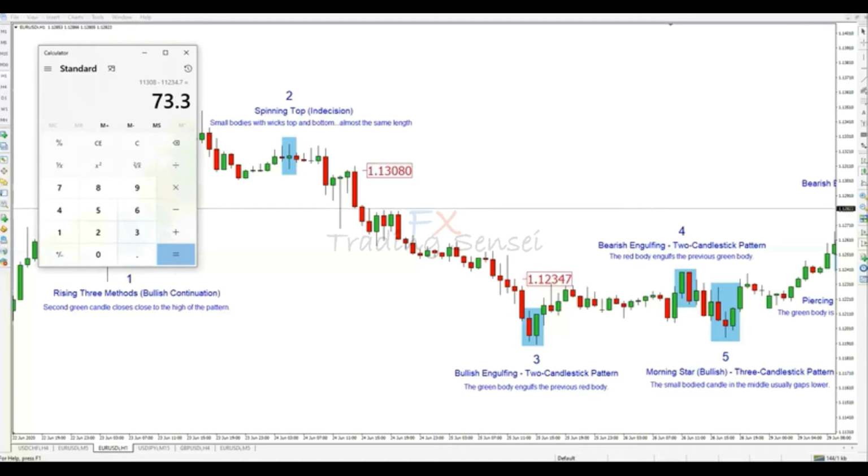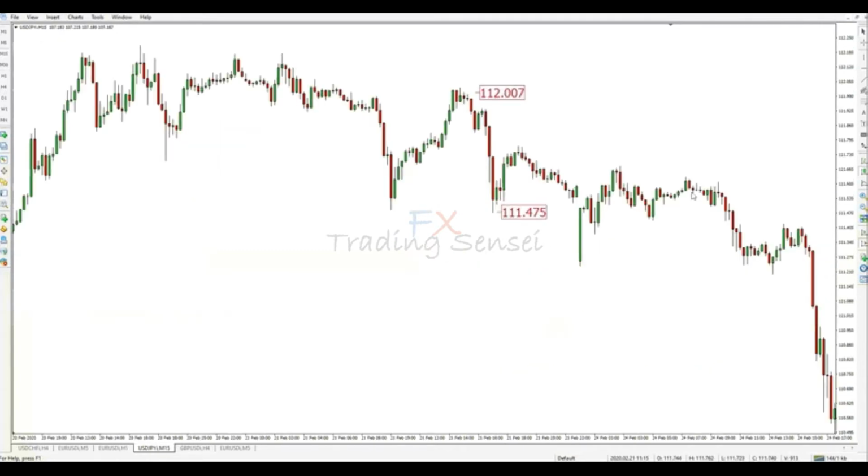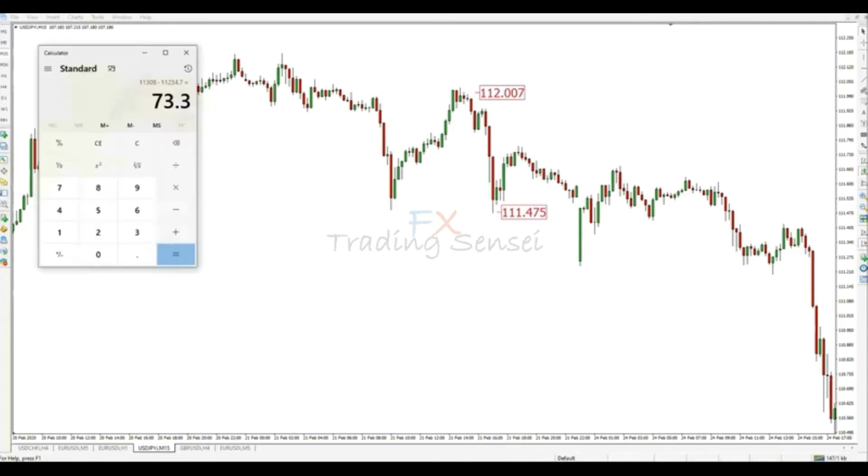Now, in the case of a yen pair, a pair that ends in the yen, for example, this is USD yen. In a yen pair, notice there are 3 decimal points and not 5. So when calculating with a yen pair, we have to do the same process. We're just moving the decimal to just before the 3rd decimal point.